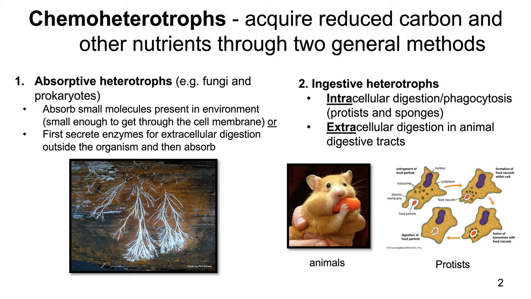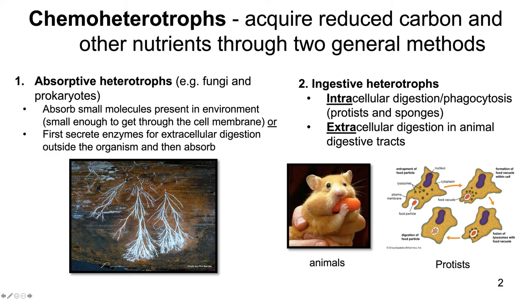So basically, ingestive heterotrophs are bringing something into either the cell or the body of the organism before they break it down into smaller parts that can readily be absorbed across cell membranes. So for example, in phagocytosis, there's a food particle that's not broken down to a small enough size to bring across a cell membrane. And then it's brought into the organism and broken down within the organism, and then the food molecules are moved across the cell membrane.